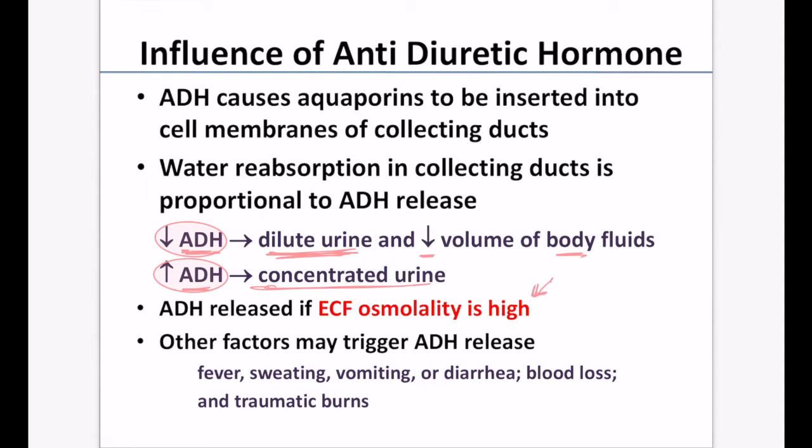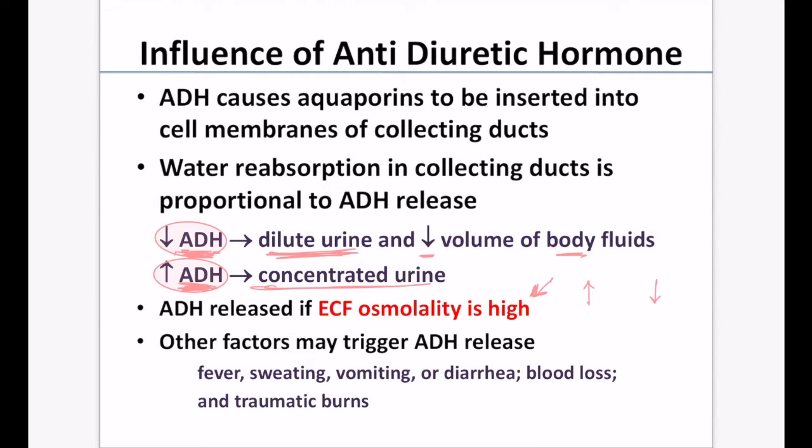The most important factor here is going to be the extracellular fluid osmolarity. Having high osmolarity means I'm not getting enough water. Having low osmolarity means I am having too much water intake. And according to this, I will either reduce or increase the ADH release.